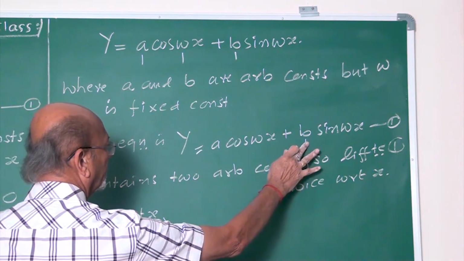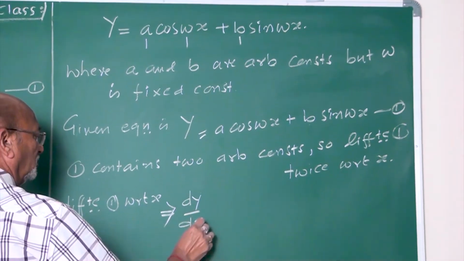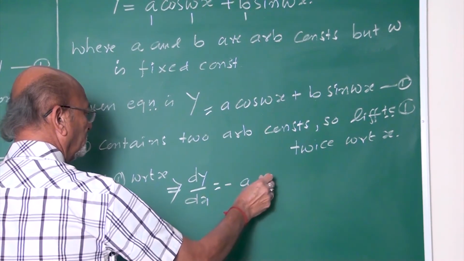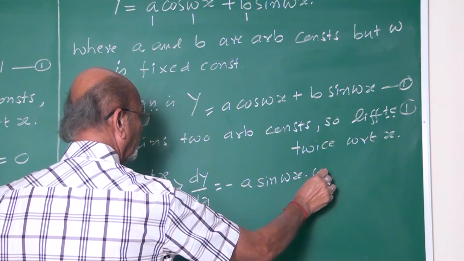Derivative of y, dy/dx, equals a into derivative of cos, which is minus sin omega x, into omega, my friend.